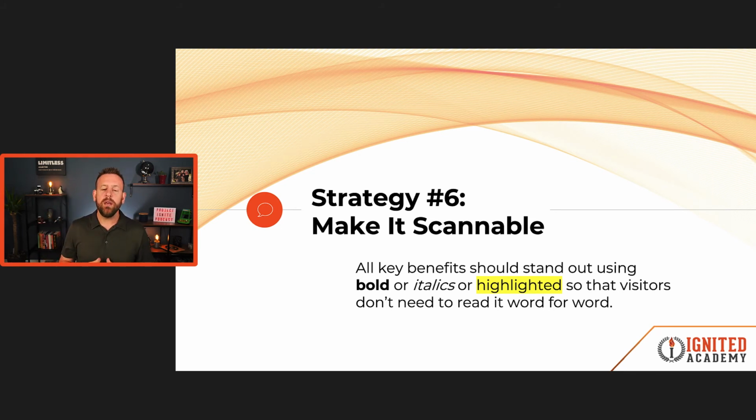So if you put all this great ad copy down, but none of it's highlighted or bolded, when they're scanning, they scan over all of it and they miss those key benefits. So make sure it's scannable, meaning that the key benefits and bullets are all standing out, even if they don't read it word for word.